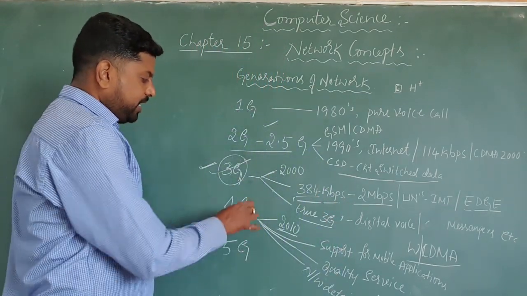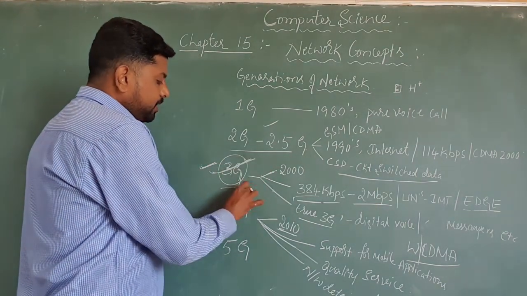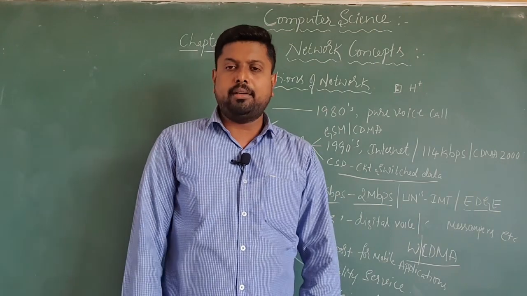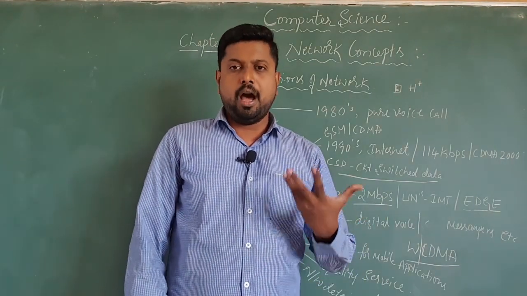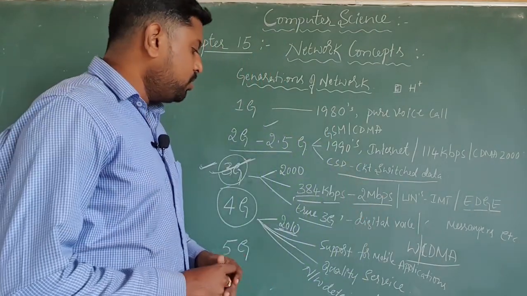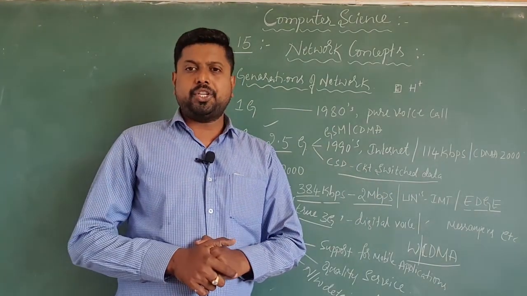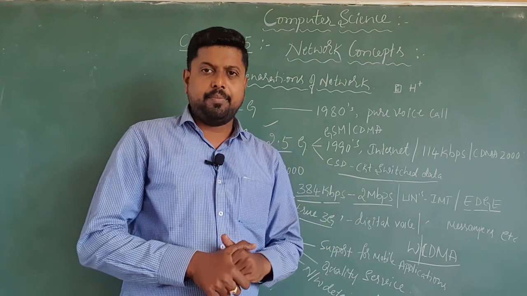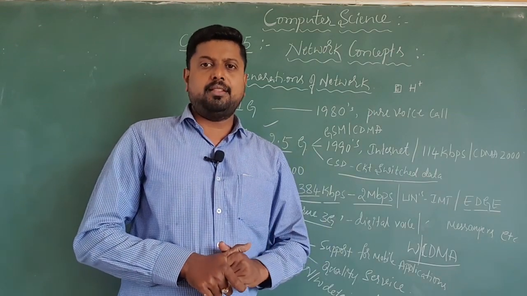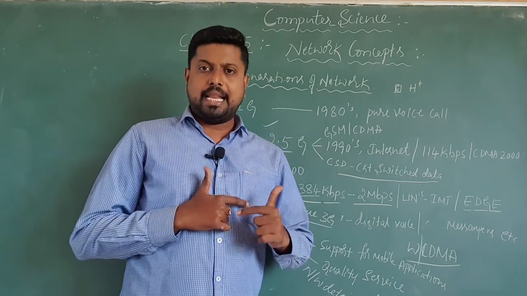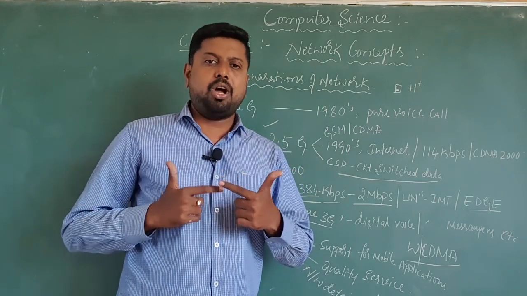So after 3G, in 2010, we got one more technology, that is 4G. It has three major applications. It overcomes the problems of 3G. What problems we face in the 3rd generation, the 4th generation overcomes by introducing some extra features.